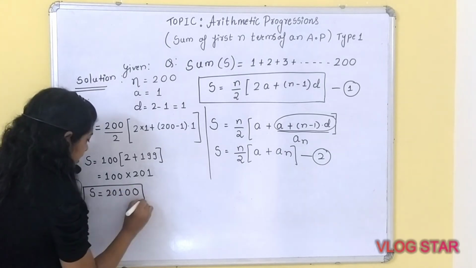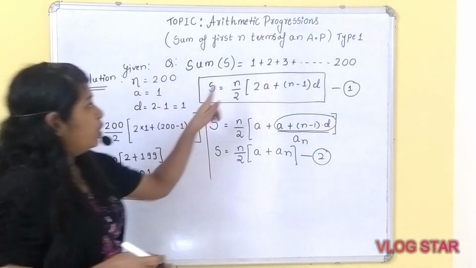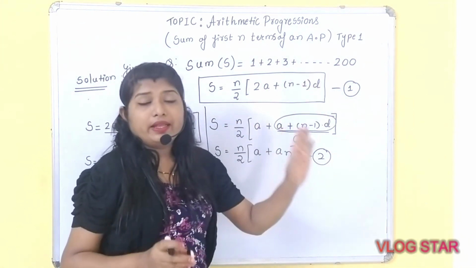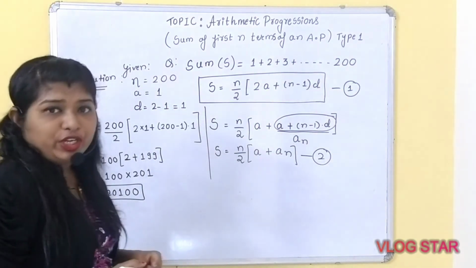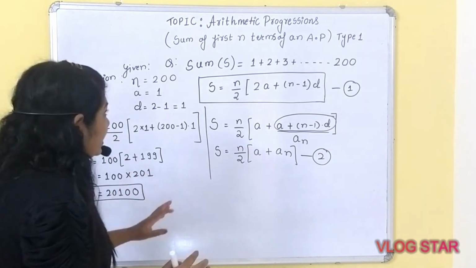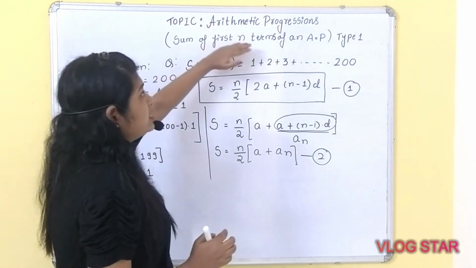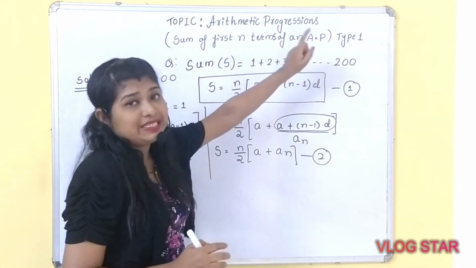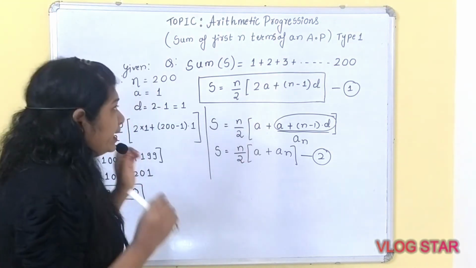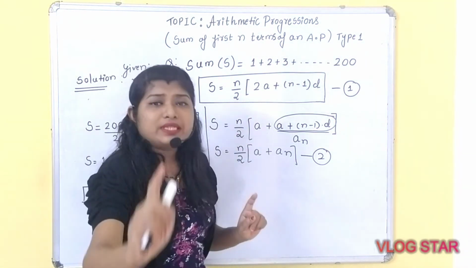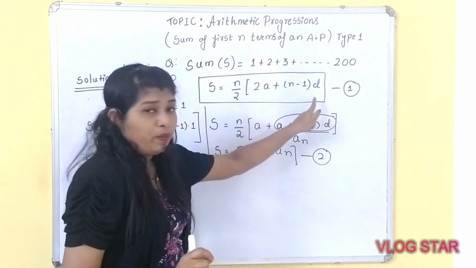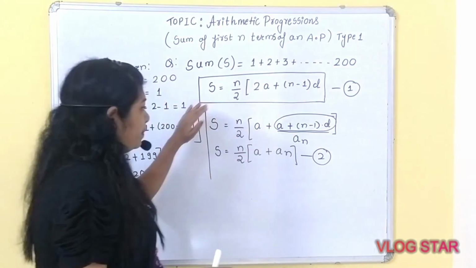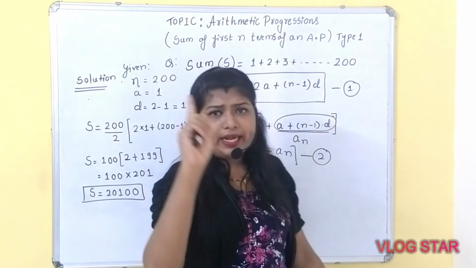This is your sum of the numbers from 1 to 200. I hope you have understood how to find the sum of the first n terms of an AP, type number 1. Under type number 1, you simply apply this formula to calculate the sum. As I told you, this is method number 1.